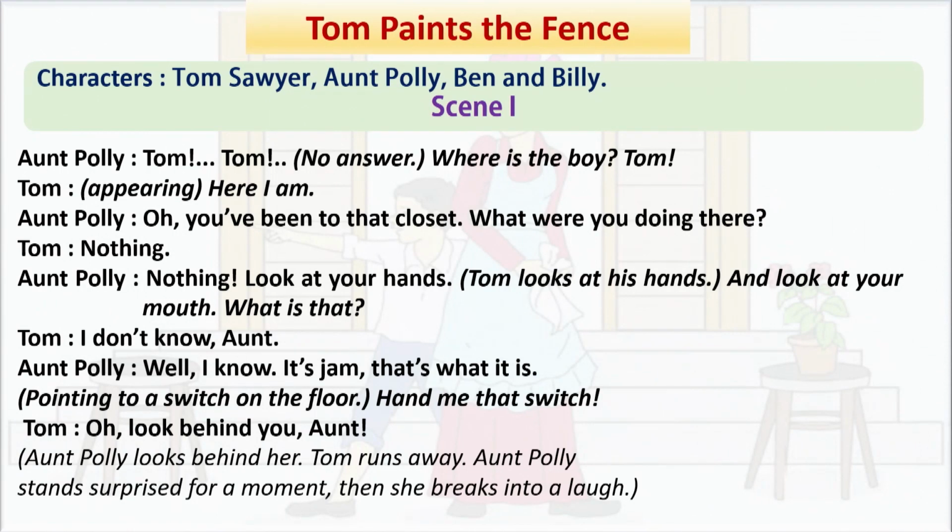Tom? Tom! Where is the boy? Tom? Here I am. Oh, you have been to that closet? What were you doing there? Nothing. Nothing? Look at your hands. And look at your mouth. What is that? I don't know, Aunt. Well, I know. It's them. That's what it is. Hand me that sweets. Oh, look behind you, Aunt.